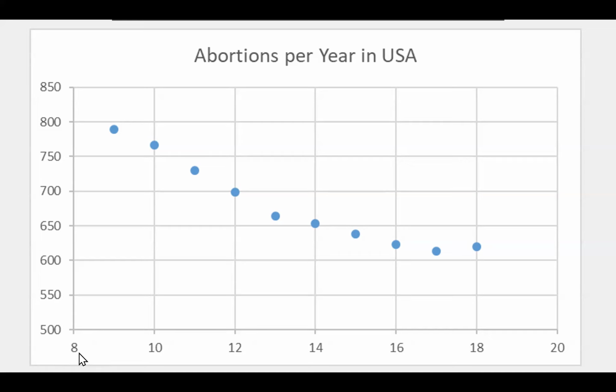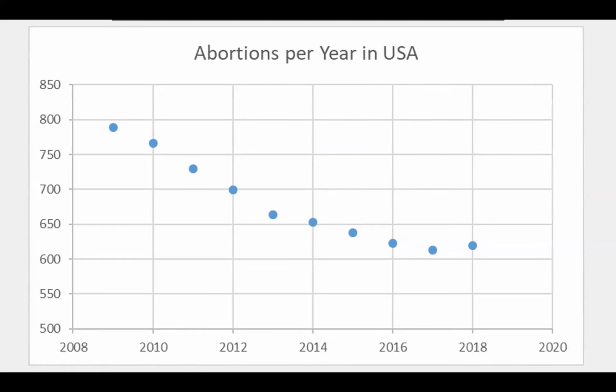So here, 2008 is represented with an x value of 8. 2010 is represented by an x value of 10, and so on and so forth. 2018 is an x value of 18. This is going to give you a slightly different line than this one, although they're going to give the same predictions.